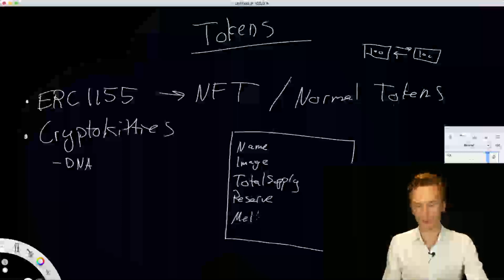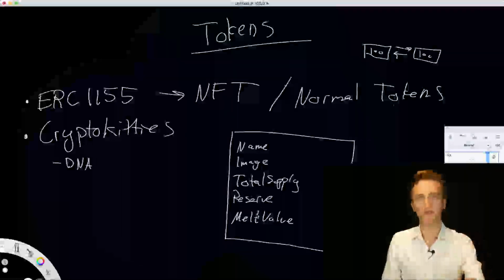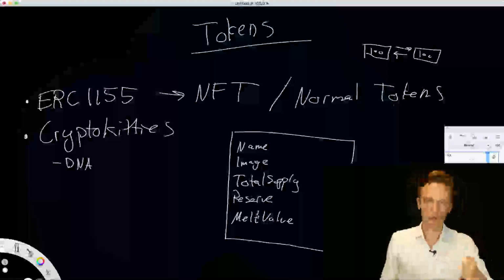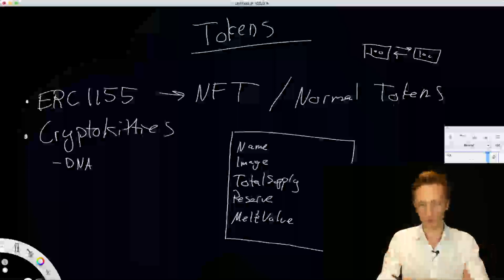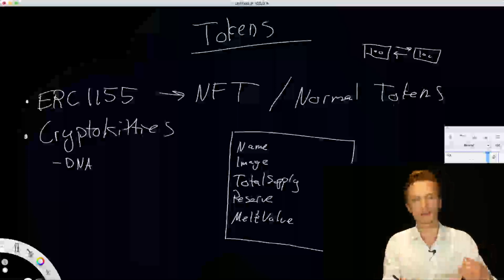There's also something called melt value, and this is something that is quite unique. This is a value of Engine cryptocurrency that we put into actually creating this token, and then that works as a sort of underlying value to this token. So if I create, let's say, one sword token, which will be an item in the game, I can create that token with an underlying value of $20 worth of Engine coin.